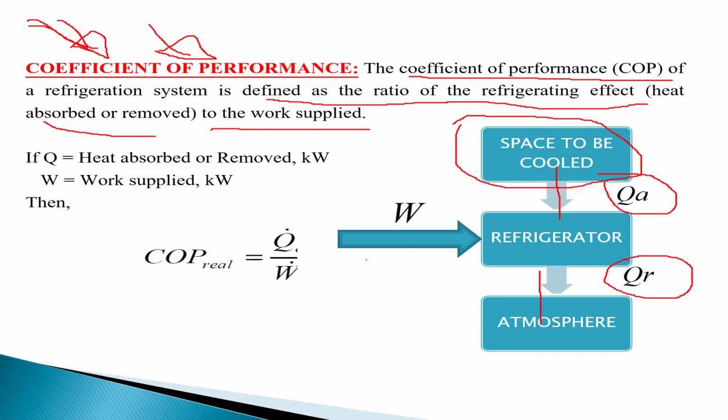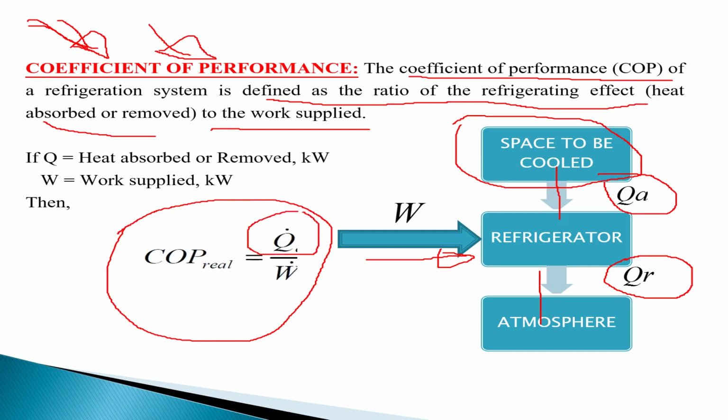For that, work done is W. Then QR is equal to QA plus W. So then COP of the system is equal to QA, the heat absorbed, divided by work done. That's how COP of a refrigeration system is defined.